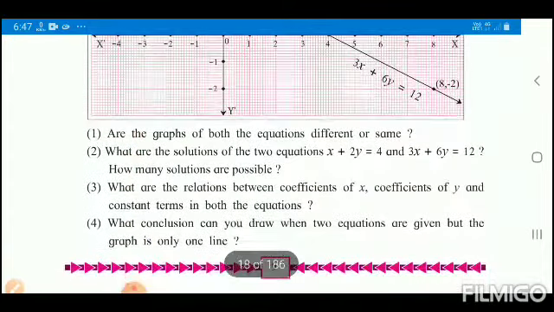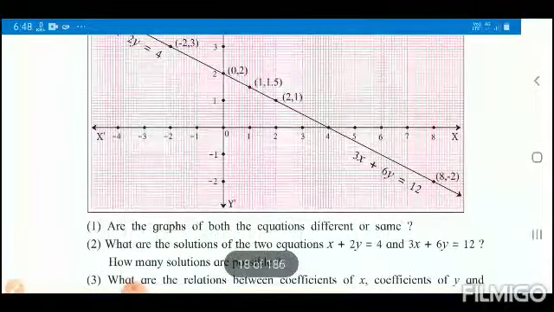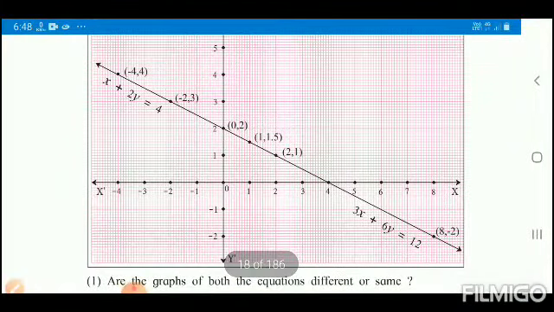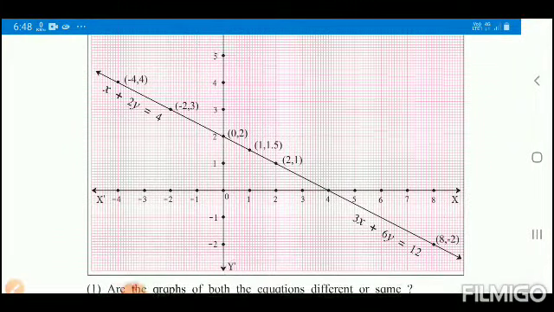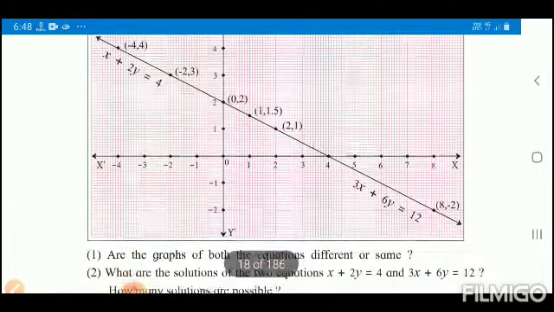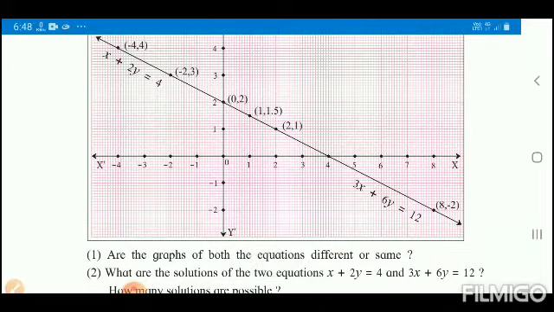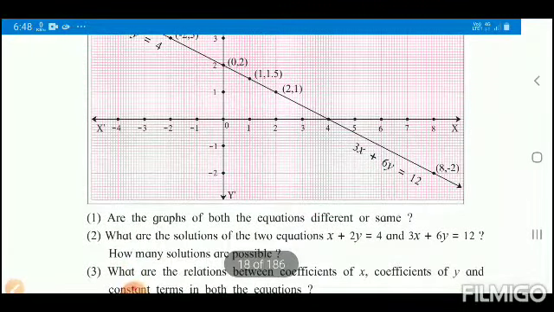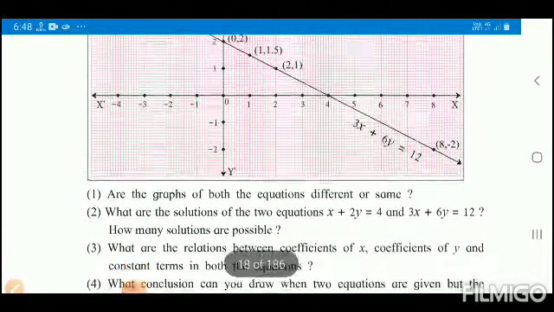Okay. Now next is, what are the solutions of the two equations x plus 2y is equal to 4 and 3x plus 6y is equal to 12? How many solutions are possible? If you see here, the values are negative 4, 4, negative 2, 3, 0, 2, 1 and 1.5, 2, 1, then 8, negative 2.